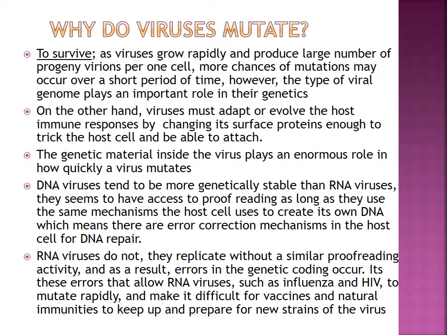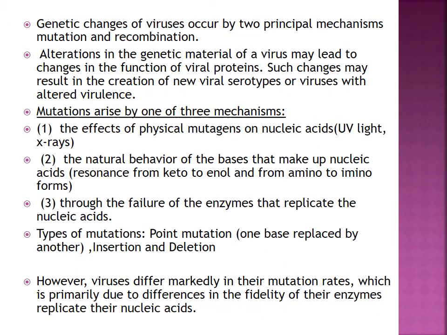These errors allow RNA viruses such as influenza or HIV to mutate rapidly and make it difficult for vaccines and natural immunities to keep up and prepare for new strains of the virus.